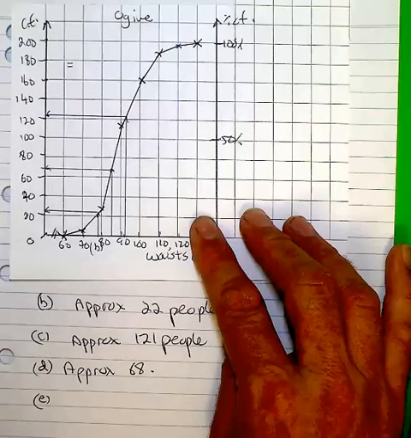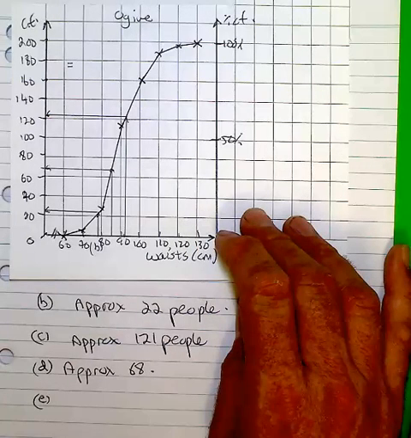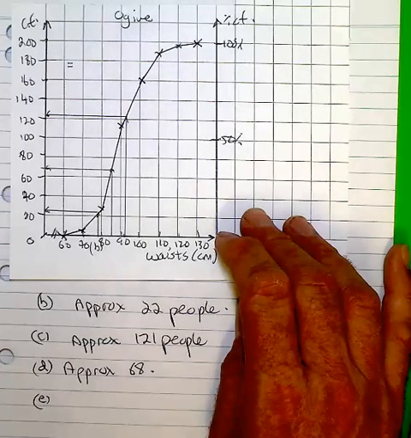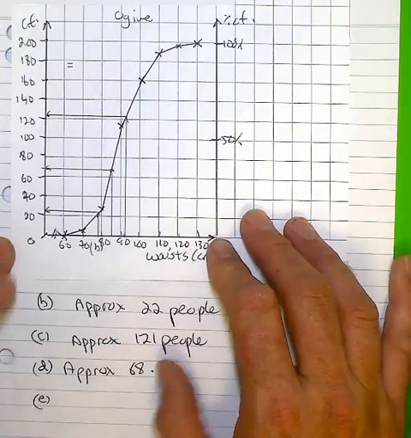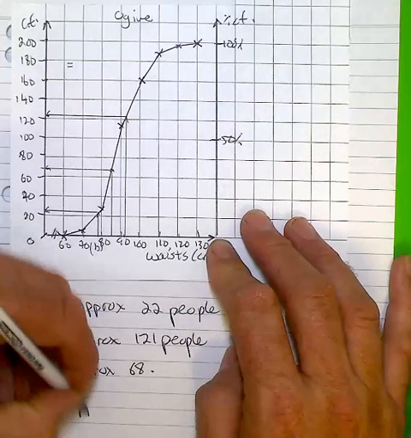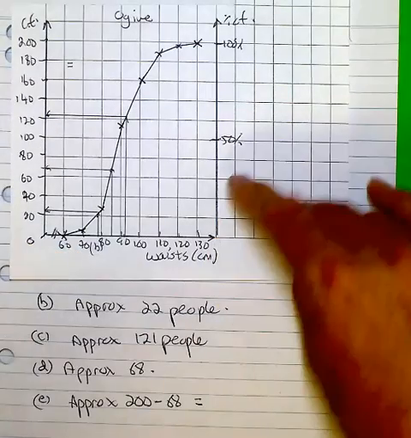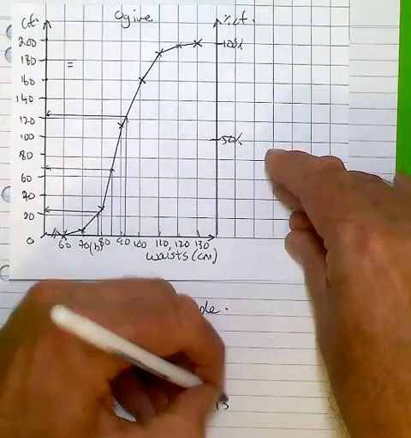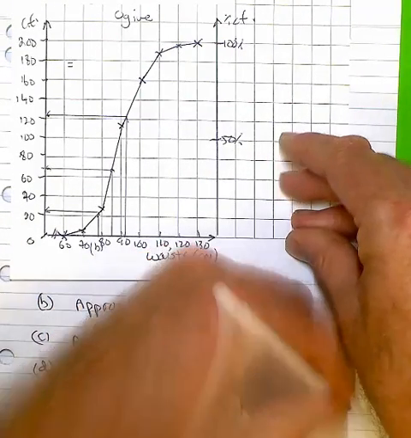In part E, what I've got to do now is have a look at the situation, and what I'll see is that I want the opposite of that. Now there were 200 people, so approximately 200 less than the 68 I estimated, so there'll be 132 people greater than 86 centimetres.